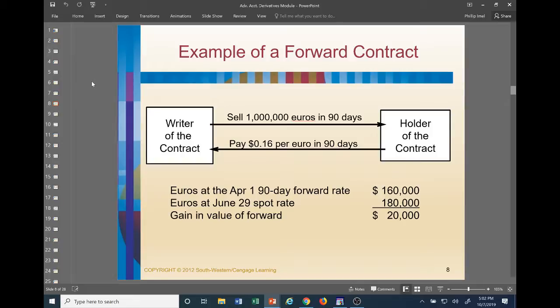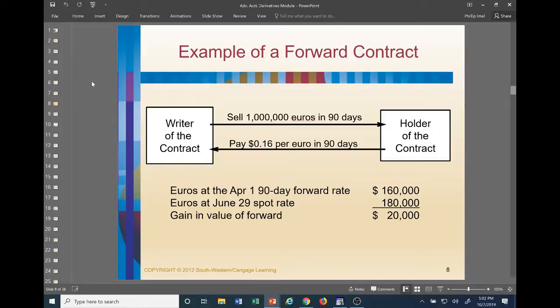Now, if the spot rate at the end of the forward period is going to be 18 cents, the total change in value is going to be determined as follows. We see the euros at the April 1 90-day forward rate is $160,000. The way we derive $160,000 here is the 0.16, the original 16 cents per euro in 90 days, times the million, and that'll give us $160,000.